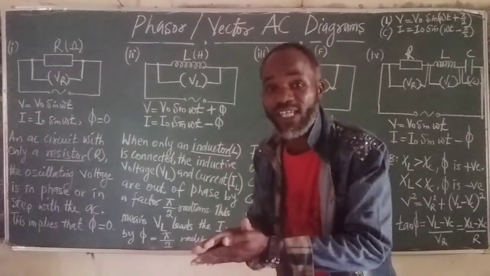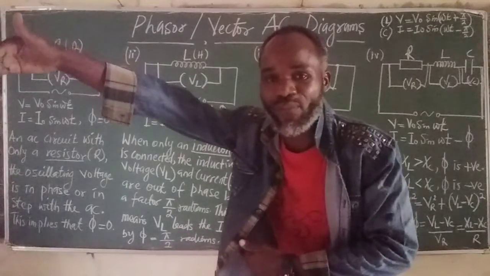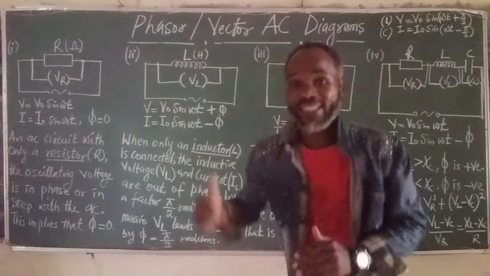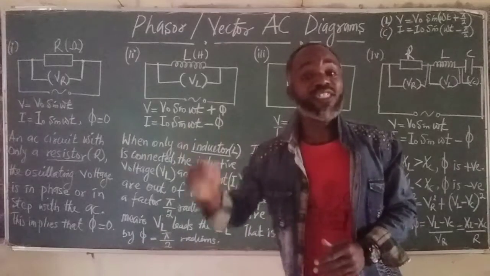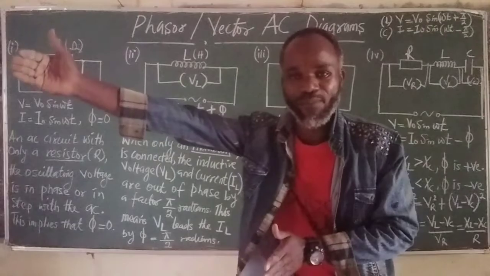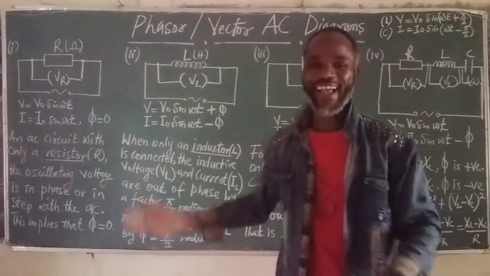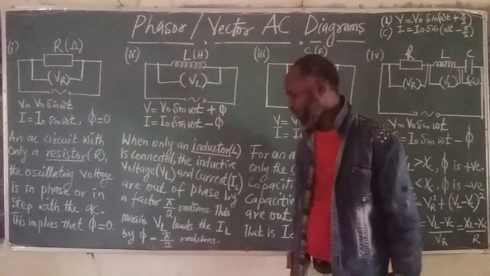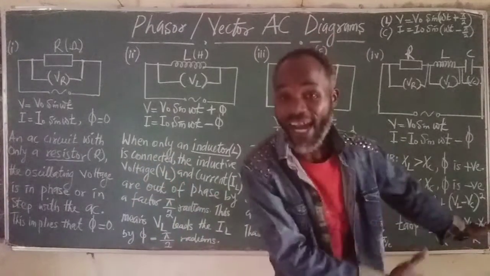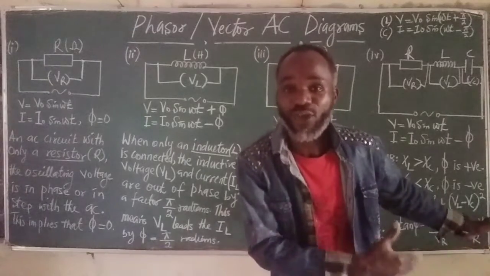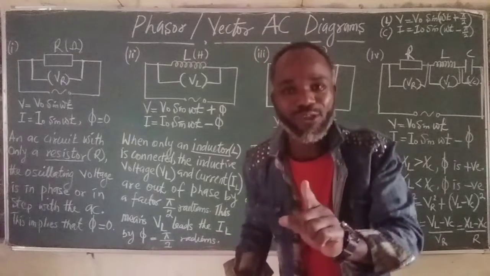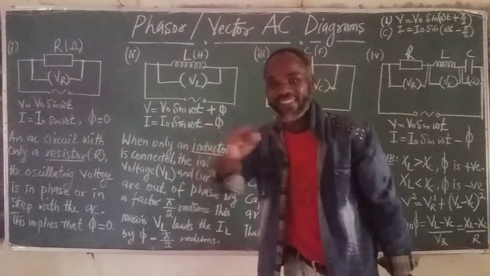The inductive voltage is one step ahead. What does that mean? Both the maximum, zero, and minimum values of the inductive voltage are one step ahead of the inductive current. This is interesting. Meaning also that the inductive current correspondingly lags behind, allowing the inductive voltage to lead. That is what happens when an inductor is connected in an AC circuit.